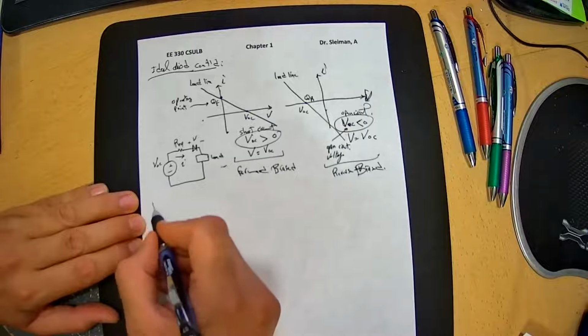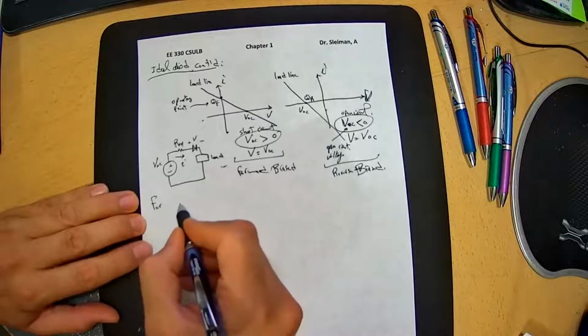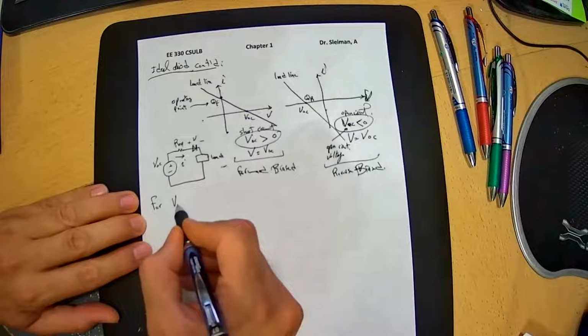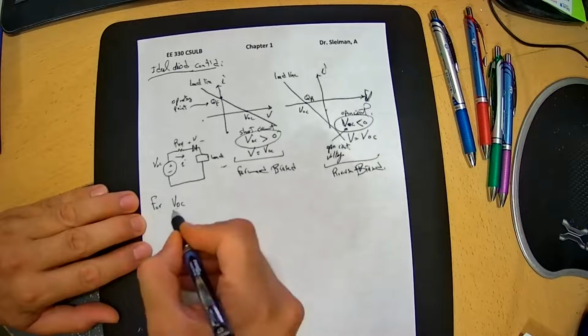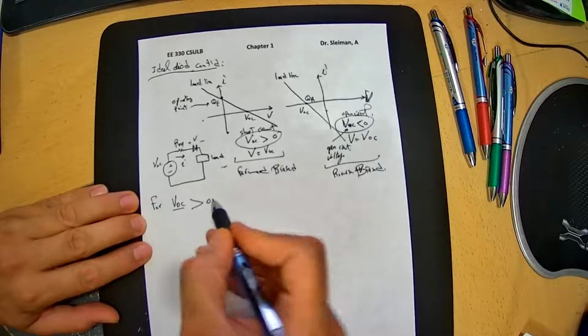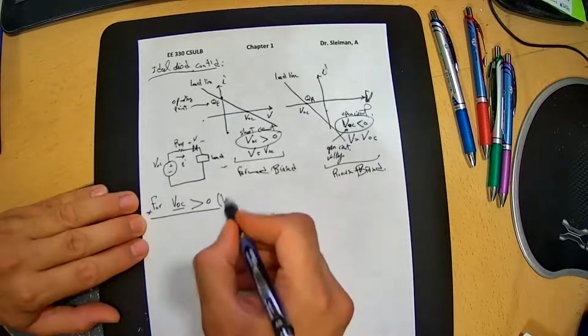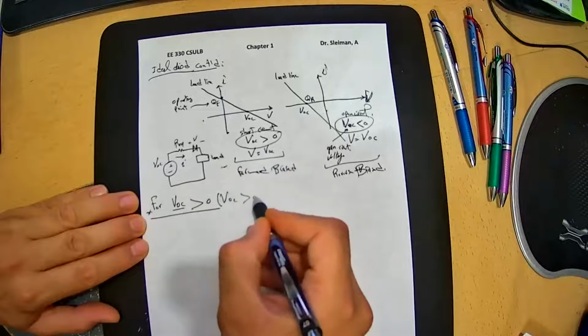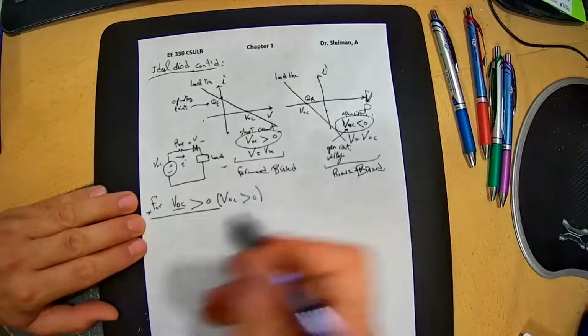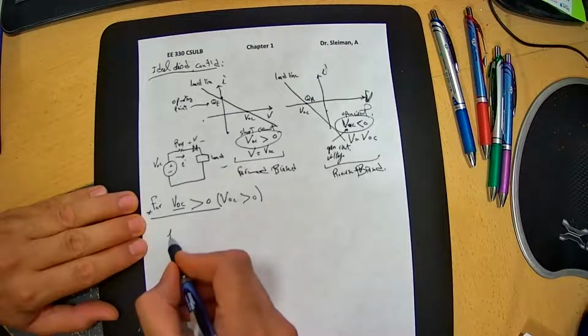So I'm going to take first for V, the open circuit voltage greater than 0. This is my first case, when VOC is greater than 0. What happens at this point?